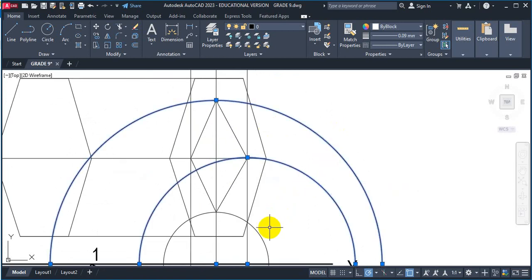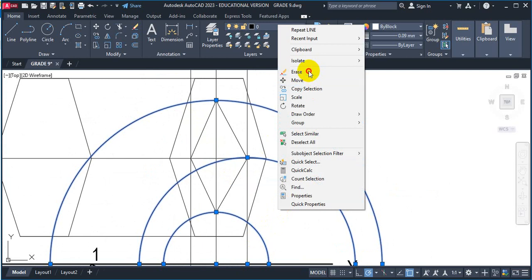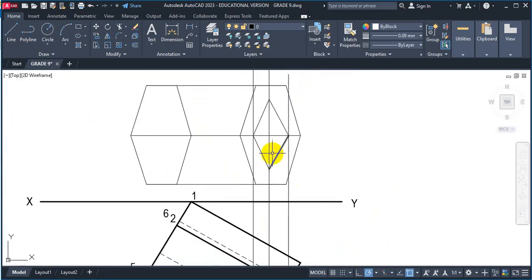So let's take away these circles because you don't need them anymore. Now we have this square.